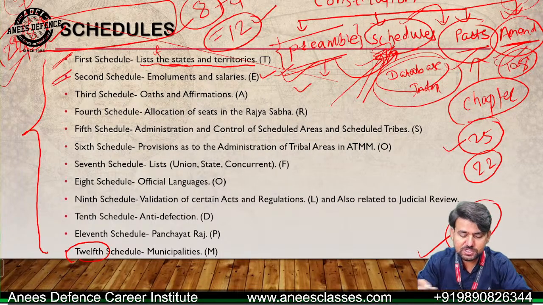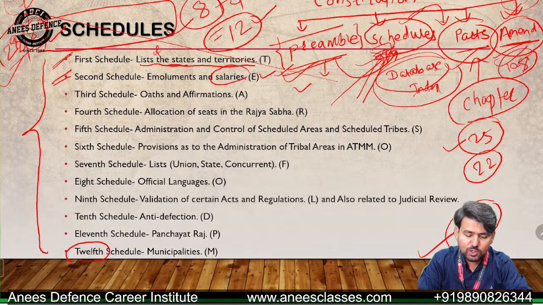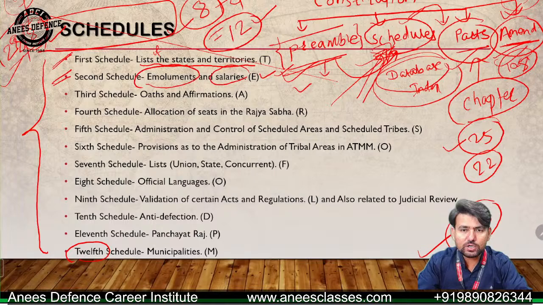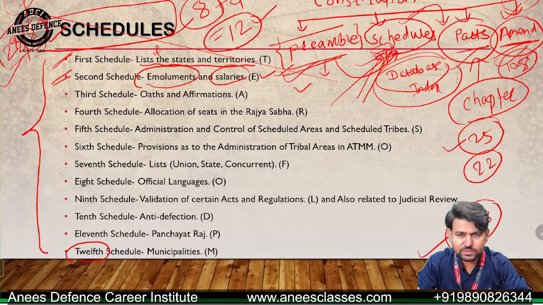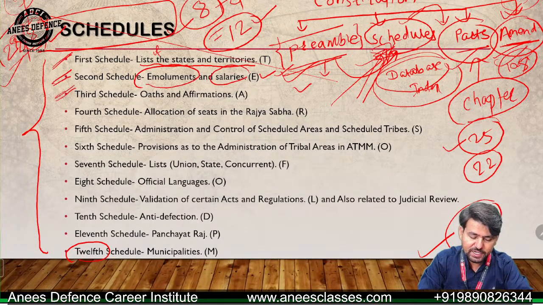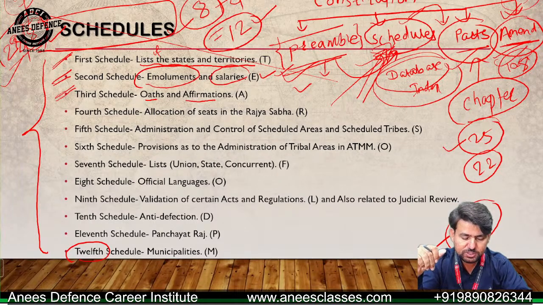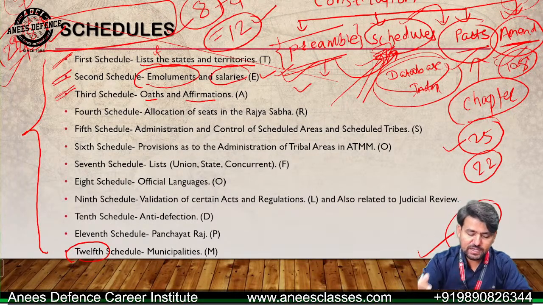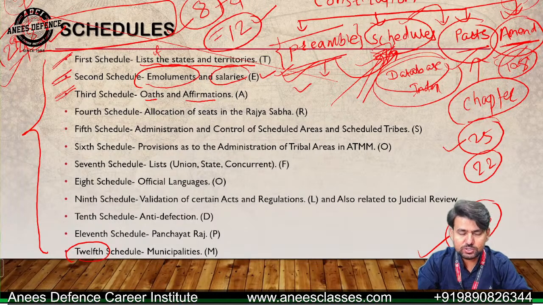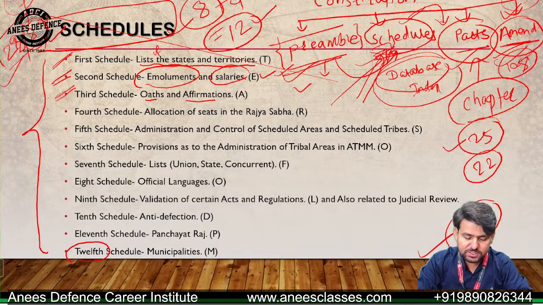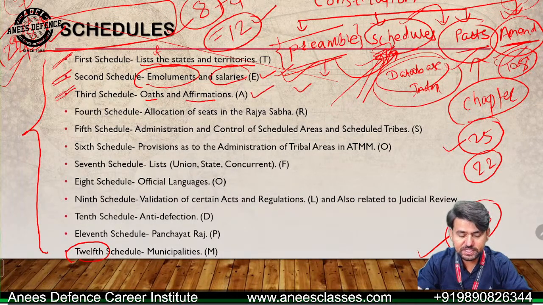How much salary they will get, and what emoluments other than salaries they will have, is all mentioned in the second schedule. The third schedule is about oaths and affirmations. Many constitutional positions and chairmen, when they start their journey as a government official or constitutional position holder, have to take a certain oath, and all those oaths and affirmations are mentioned in schedule number 3.